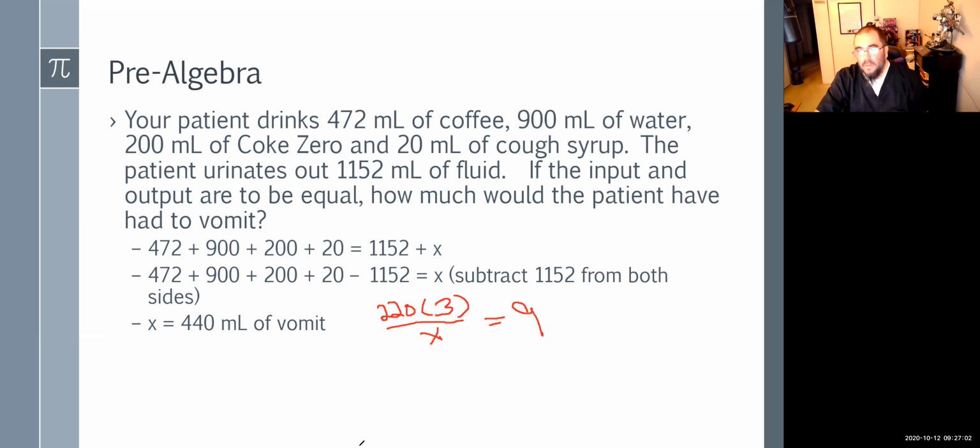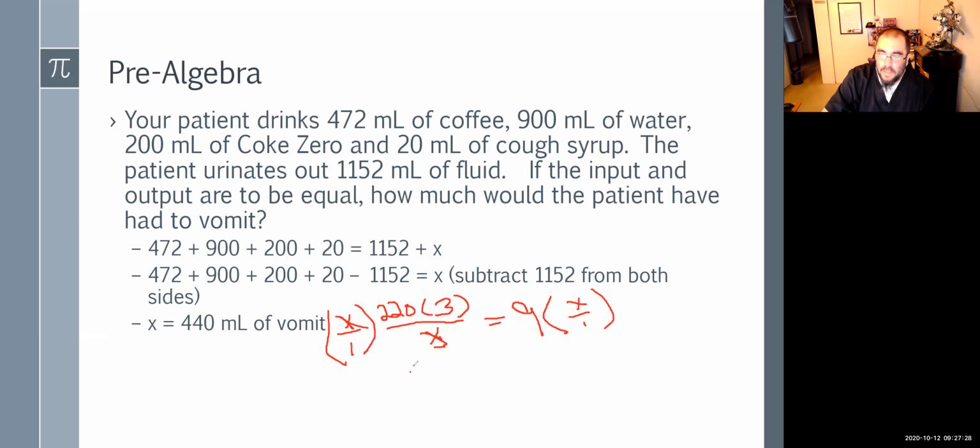All right. So this is a little more complicated because we got x in the denominator here. So the first thing we have to do is get rid of that x in the denominator. How do we do that? Well, if we multiply both sides times x, we're basically multiplying both sides times x over 1. X over 1. And we know that if we do this, that cancels those out.